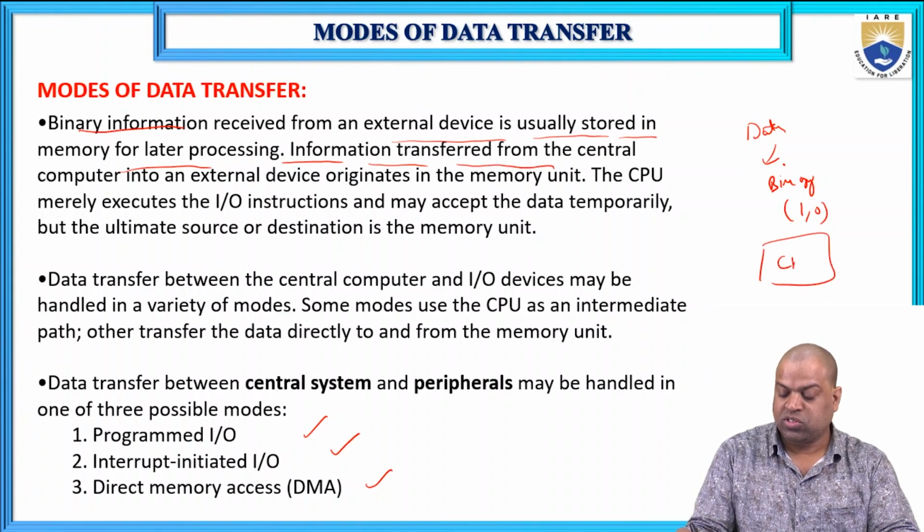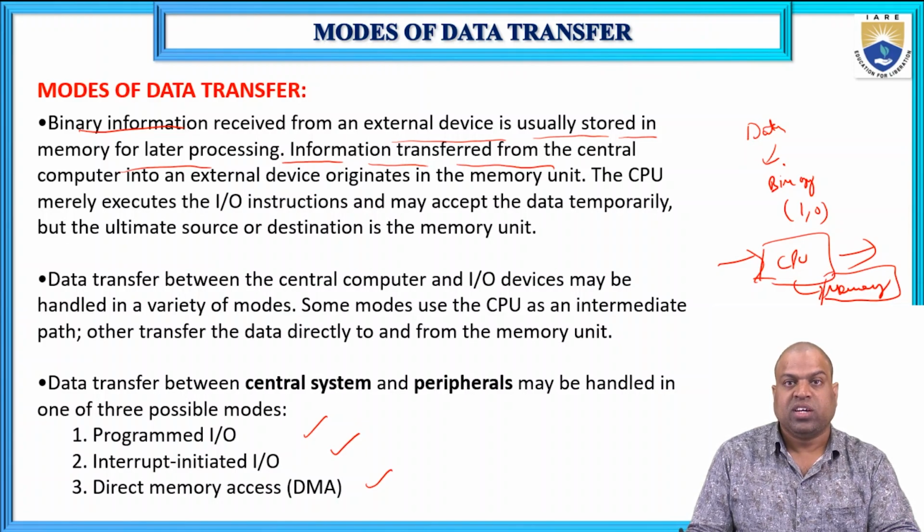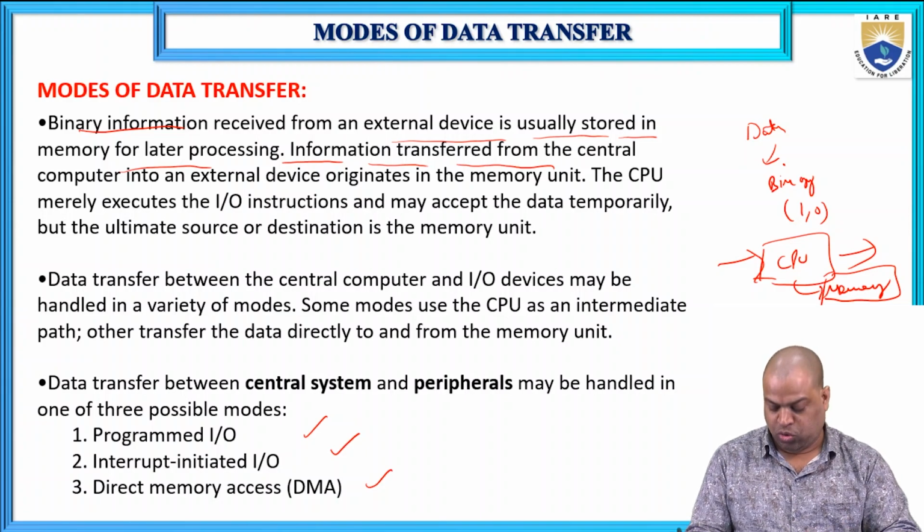Suppose I am taking one CPU, external memory we need for this one. We are connecting memory to the CPU, that is the external memory to the CPU, and these external devices originate the memory in the CPU. The CPU executes input-output instructions and may accept the data temporarily, but the ultimate source or destination is the memory unit.